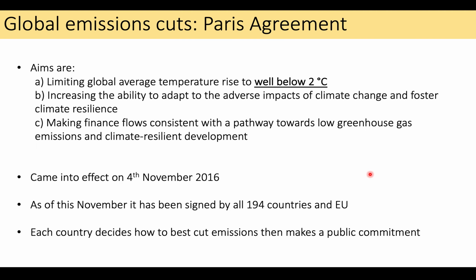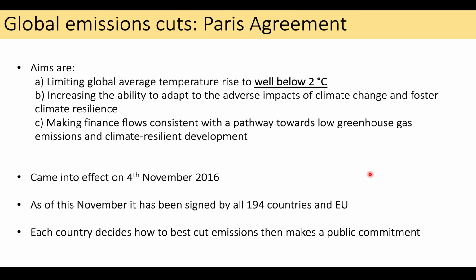But then they had to make a public commitment. So then they had to announce how they're going to do it. They had to announce their plans of how they're going to cut their emissions. But each country was allowed to decide the way that best works for that country.